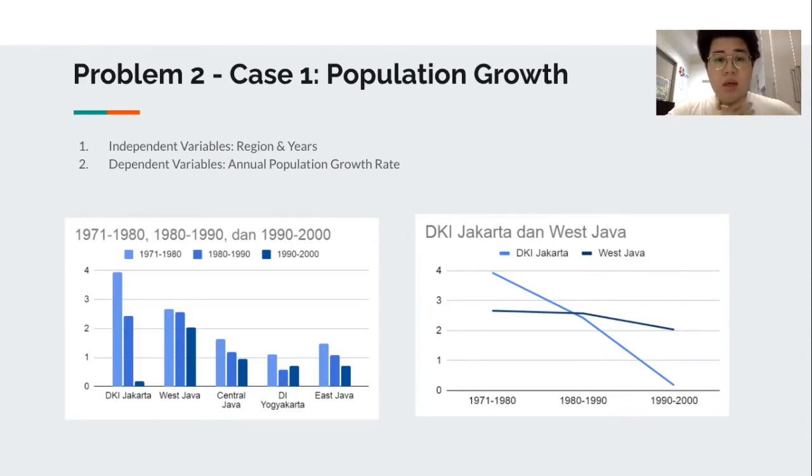From this case, we have found that the independent variables are the regions and the years, and the dependent variable is the annual population growth rate.